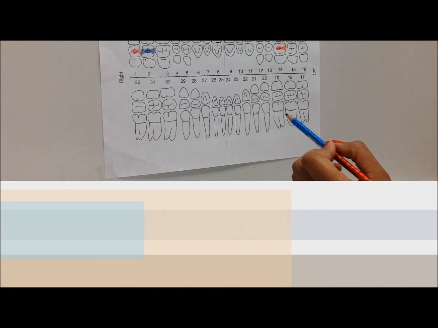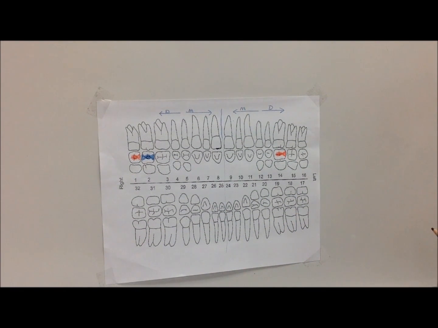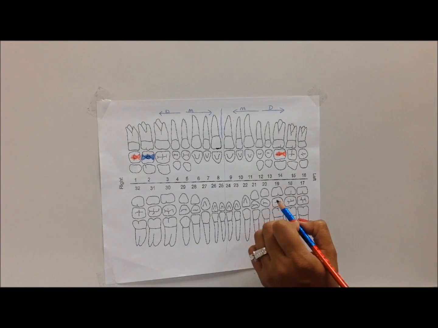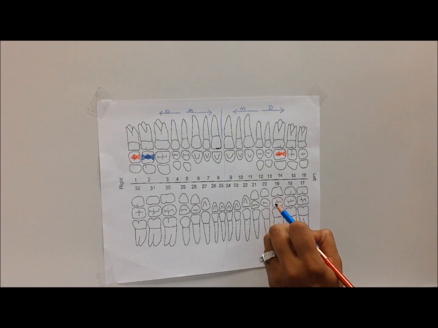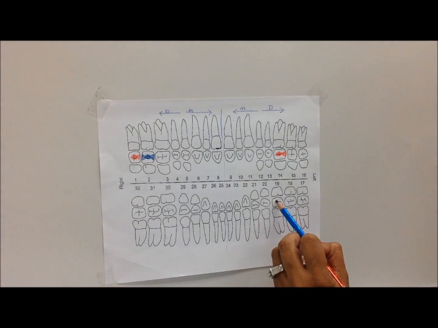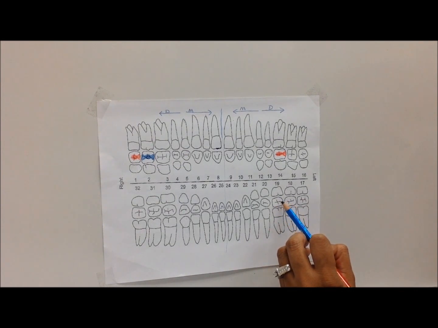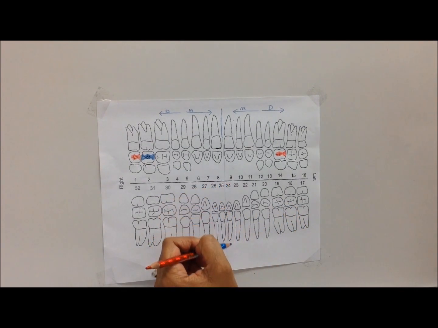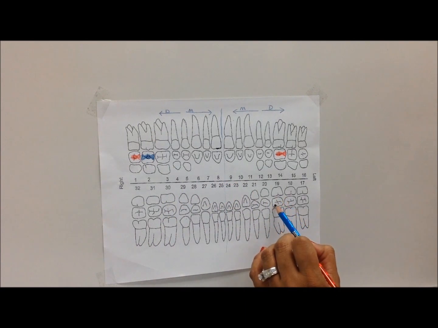Okay, so the next thing we're going to talk about is charting an existing composite restoration. So when I look at tooth number 19, I'm going to chart a mesial composite restoration. If I were to put it on the occlusal, it would go in the center. If I were to put it on the distal, I put it away from my median line. Remember, our median line is right here. But I want to put it on the mesial.